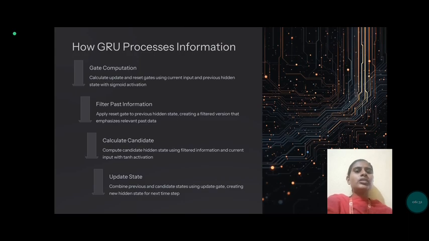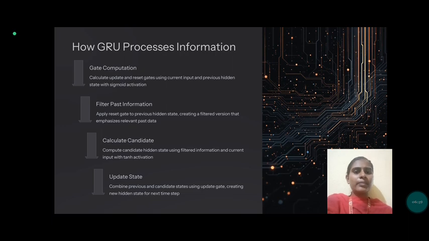Here is how the GRU processes information. Gate computation is the first step: calculate the update and reset gates using the current input and the previous hidden state with the sigmoid function. Filter past information: apply the reset gate to the previous hidden state, creating a filtered version that emphasizes the relevant past data.